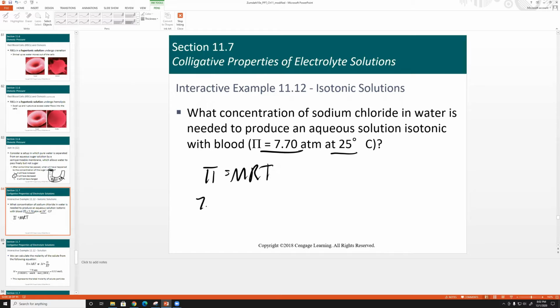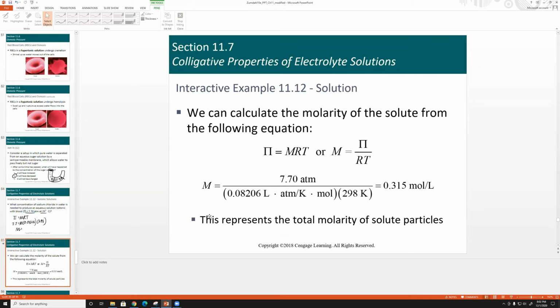We know our osmotic pressure is 7.7. Our molarity is unknown, which we're trying to figure out. We have our R, 0.08206, and our temperature is 298. We can divide and figure out M, and M is equal to 0.315.